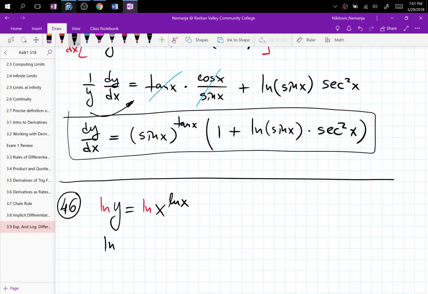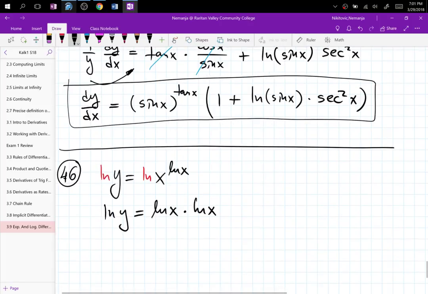And then have ln y is equal to ln x times ln x. Hey, that's ln x squared, right? But this is where you have to be careful. This is ln x squared, not ln of x squared.